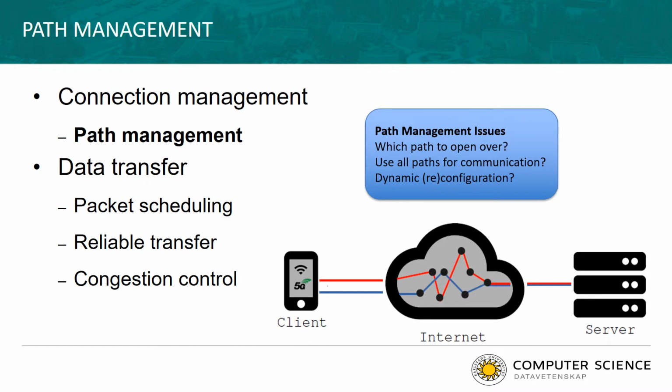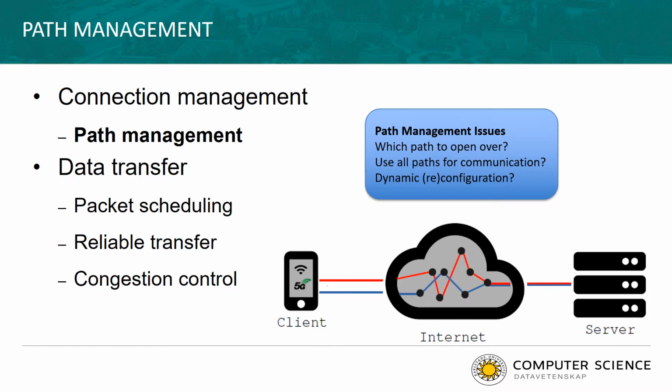We may have now multiple opportunities, multiple possibilities for how to connect to a server. So which of the paths do we use to initiate communication? This can have a large impact on our performance. If we now have multiple paths, we also have to decide, do we use all of them for the communication?